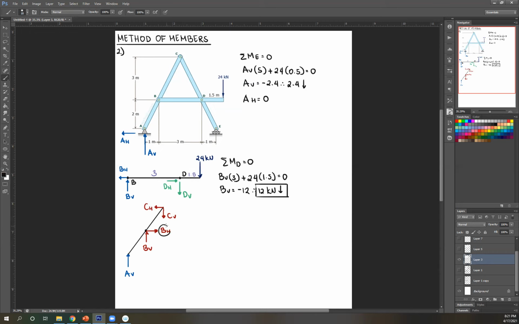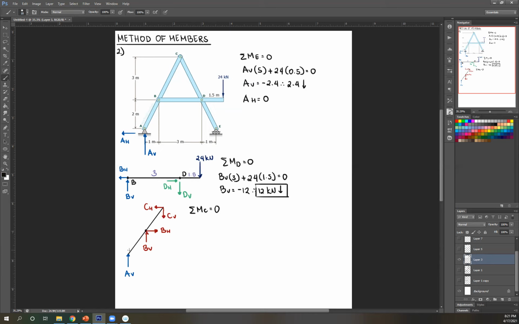If I want to go for BH, we're going to analyze this member. So my unknowns are CH and CV, and then BH. Whenever we have unknowns, one way to get rid of that is to take moment at that point. So that means I'm going to take moment at C. So summation of moment at C equals 0. From that, I am able to solve for BH.